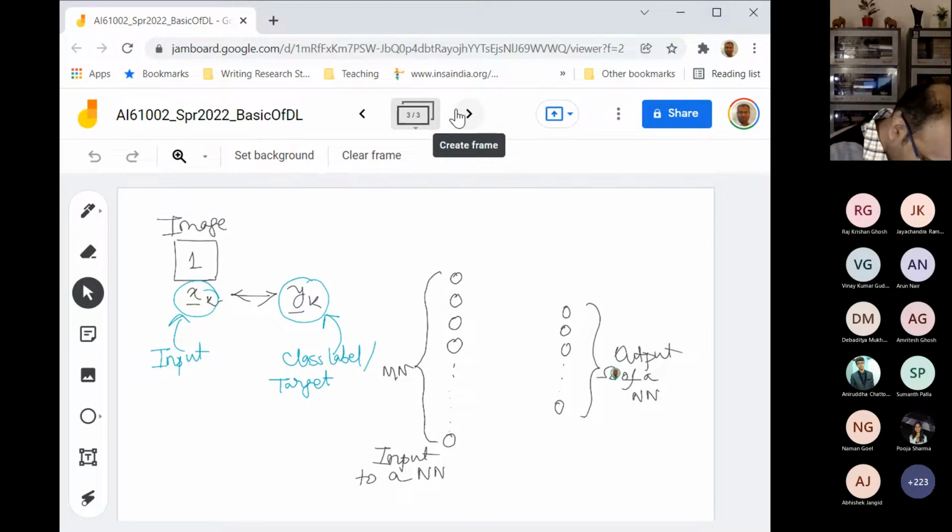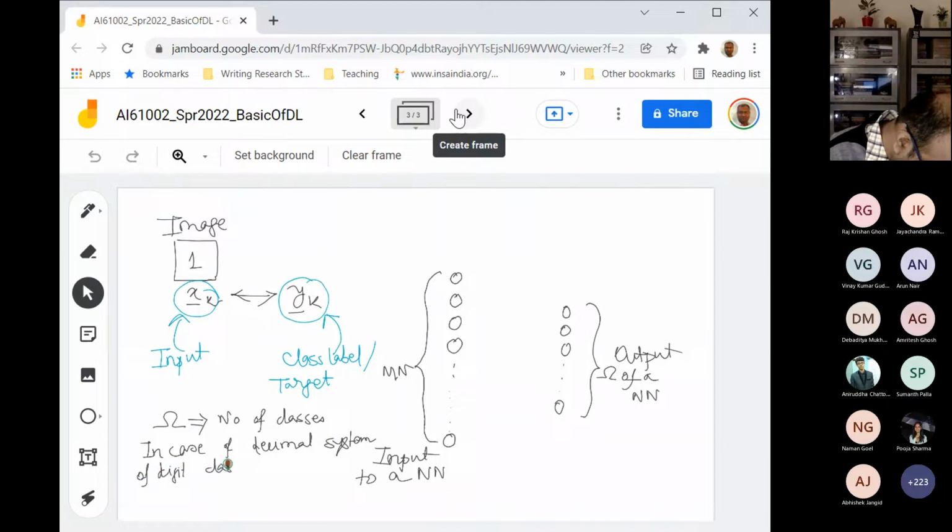So capital omega is the number of classes. In case of decimal system digit classification, capital omega is equal to 10. So this is what I have.